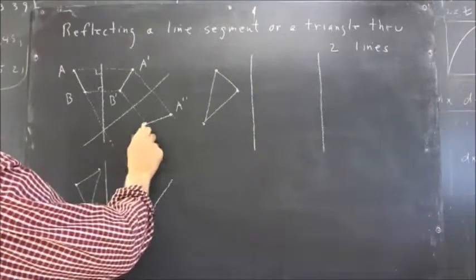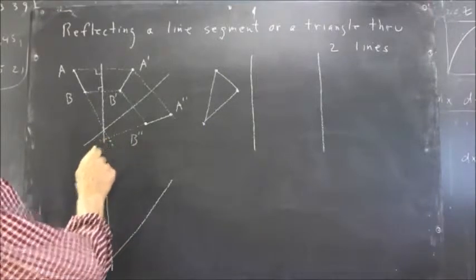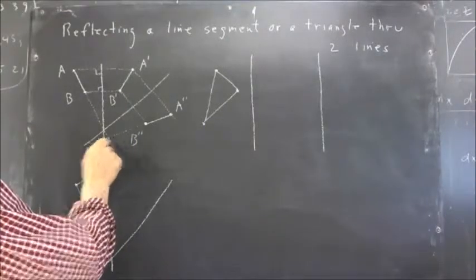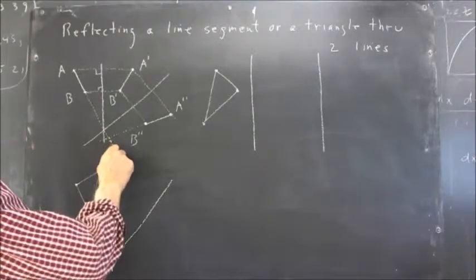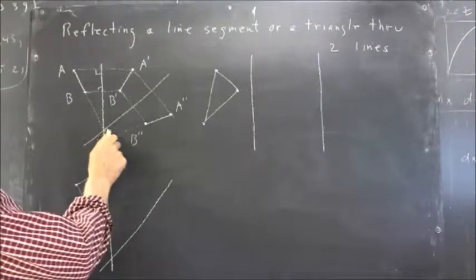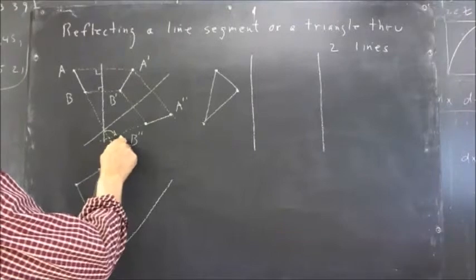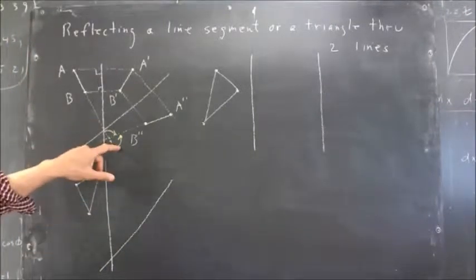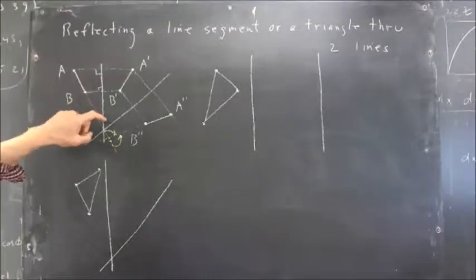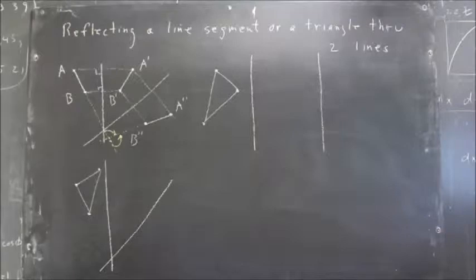And we could extend this segment, and now we've got an angle here. We actually have two angles where these lines cross. We have an obtuse angle on one side, and we have an acute angle on the other. And we might want to think about how these angles are related to this angle. I'm not going to do that analysis right now, just something to think about.